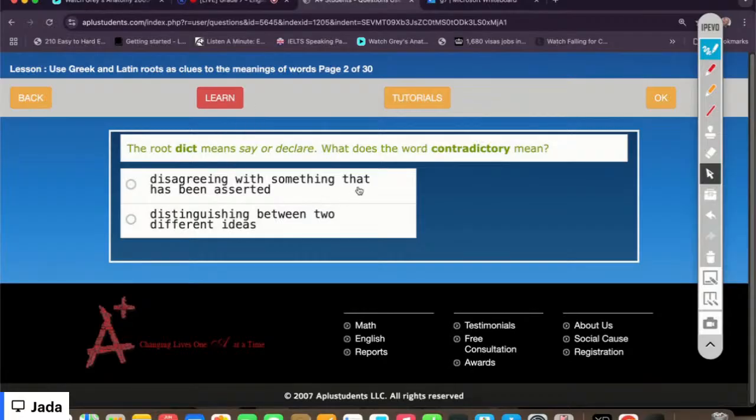The root dic means say or declare. What does the word contradictory mean?